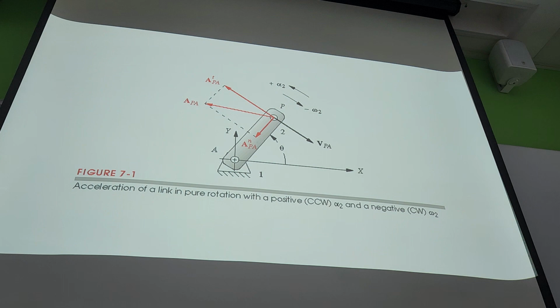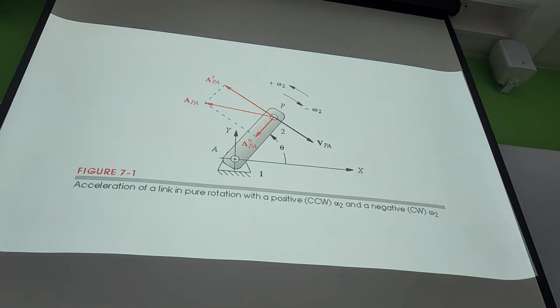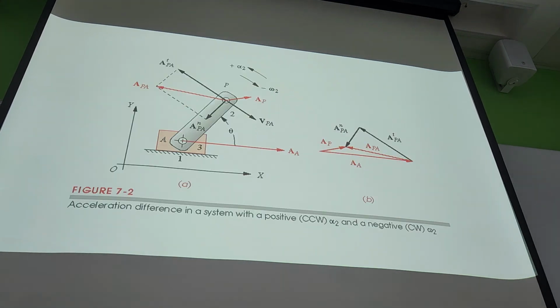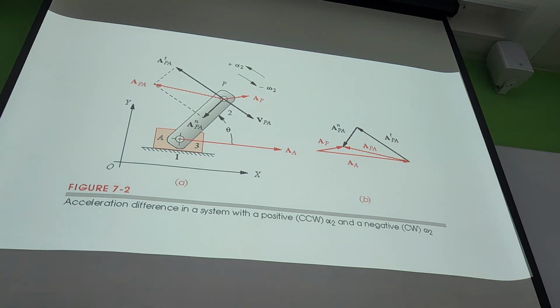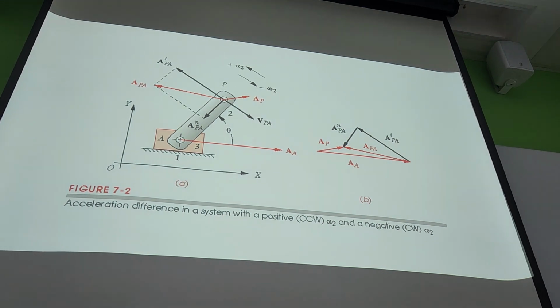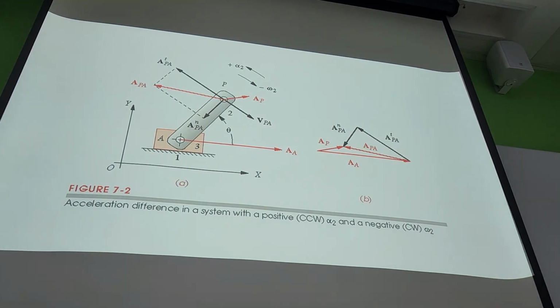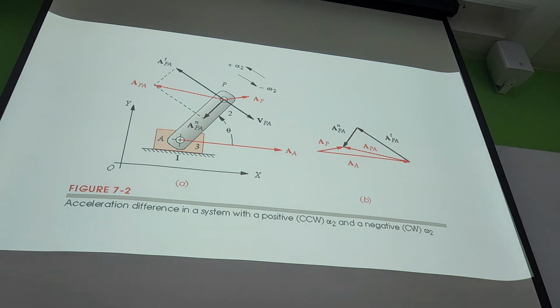The magnitude of tangential acceleration will be simply AP into alpha 2. Then the magnitude of normal acceleration will be velocity of PA square over AP. So this one is the normal component, and this one is the tangential component. You can see the vector addition here. So acceleration of PA is as shown here.